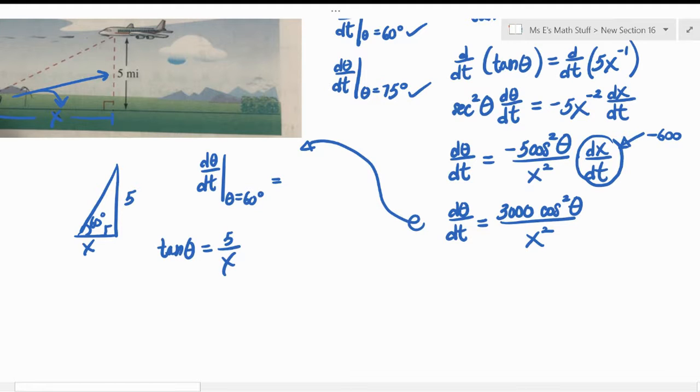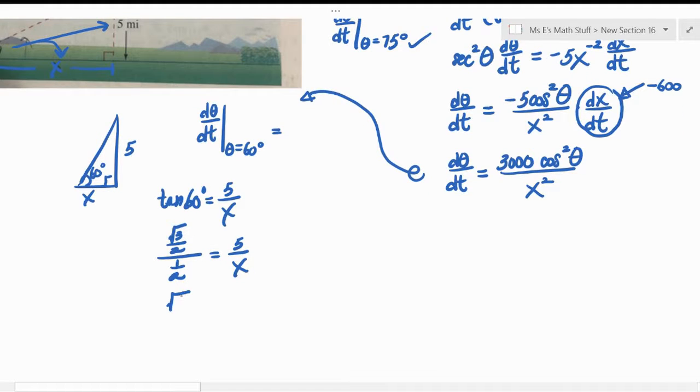If theta is 60 degrees, you'd be taking tangent of 60. Just imagine the 60-degree dot on the unit circle. What's the sine? It's root 3 over 2 divided by the cosine, which is 1/2. Flip and multiply, you're going to get root 3.